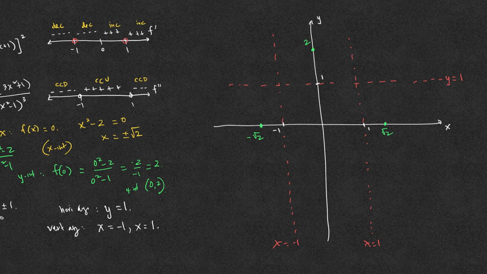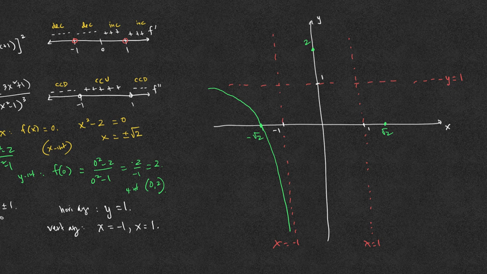Now, we will learn later on to find the end behaviors of this graph, although that was covered in pre-calculus. But we know that from negative infinity to negative 1, the graph is decreasing and concave down. And since the horizontal asymptote is y equals 1, we want to stay close to the horizontal asymptote and also close to the vertical asymptote.